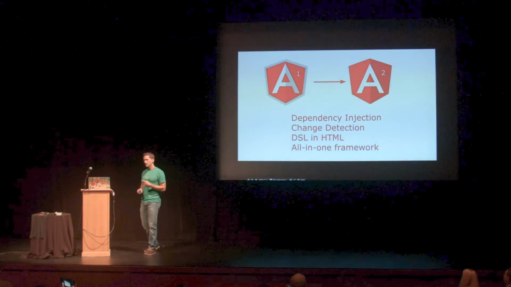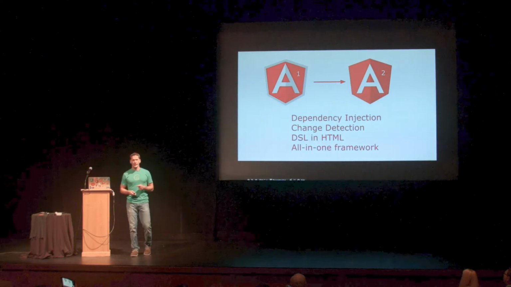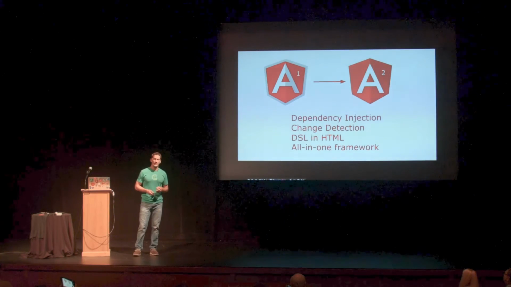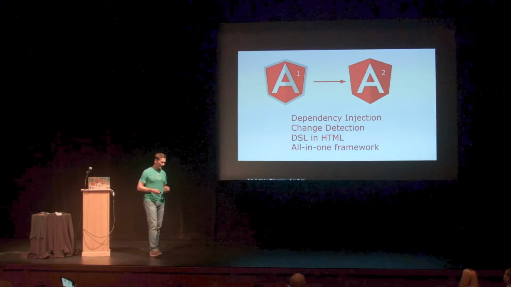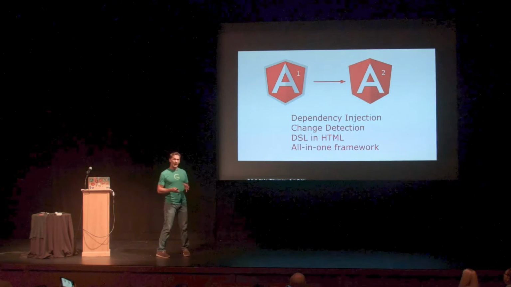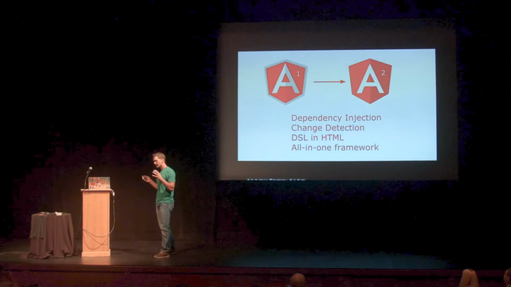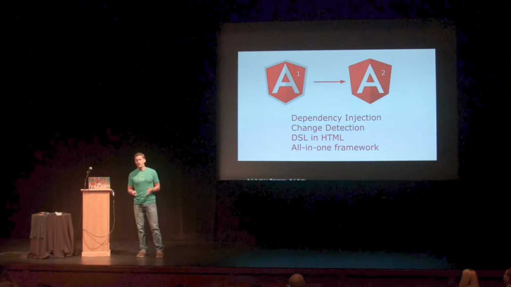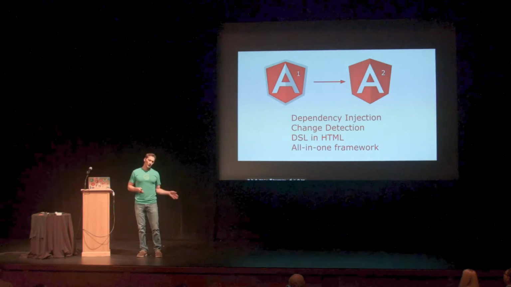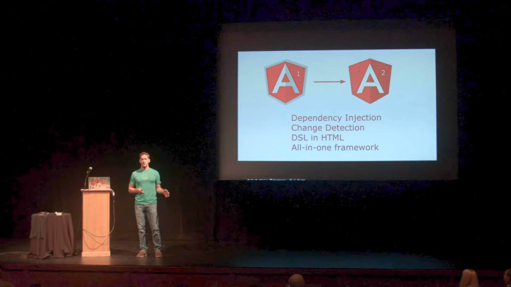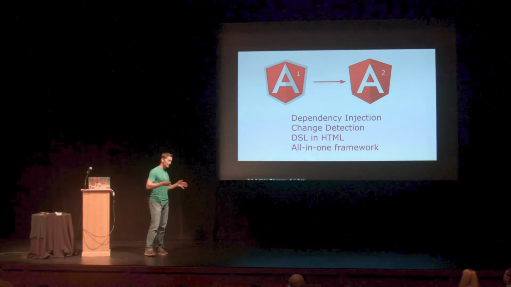But a really important distinction, with Angular 1 and maybe even some of the other frameworks out now, like React, is that Angular 1 was originally conceived, and is still with Angular 2, as an all-in-one framework. The idea being to simplify things for developers, because you didn't have to make all these choices for all this other stuff. You can just use all the stuff that's built into the framework.